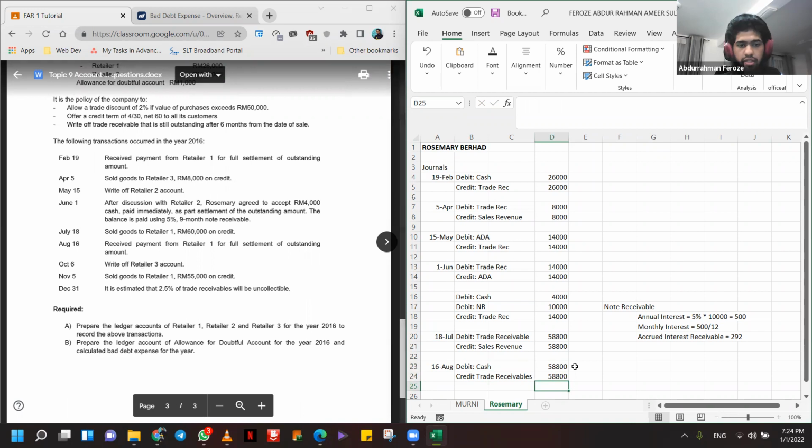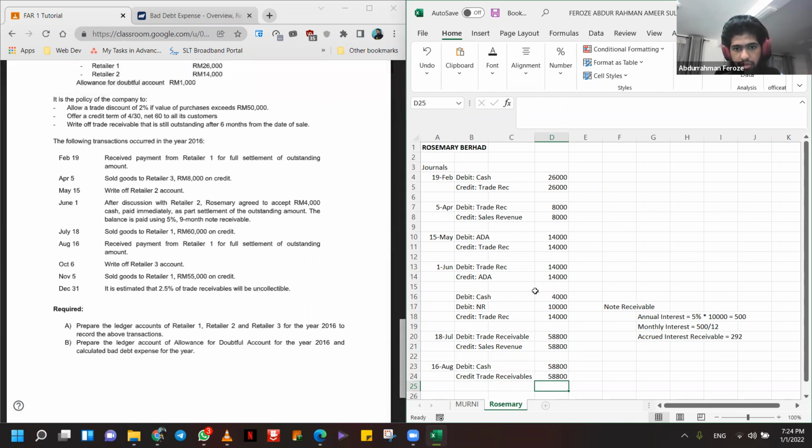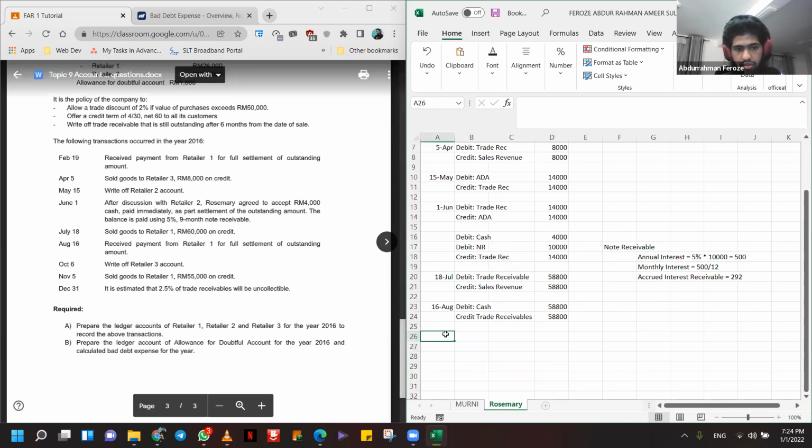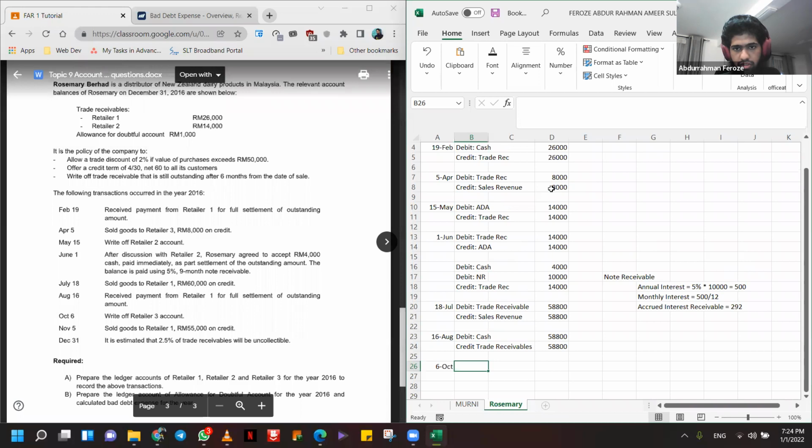And then on October 6th, we have write off retailer 3 account. Retailer 3's account was the purchase on April 5th of 8,000 ringgit. Now the company wants to write it off. Basically it'll be the same thing that we did over here for retailer 2.